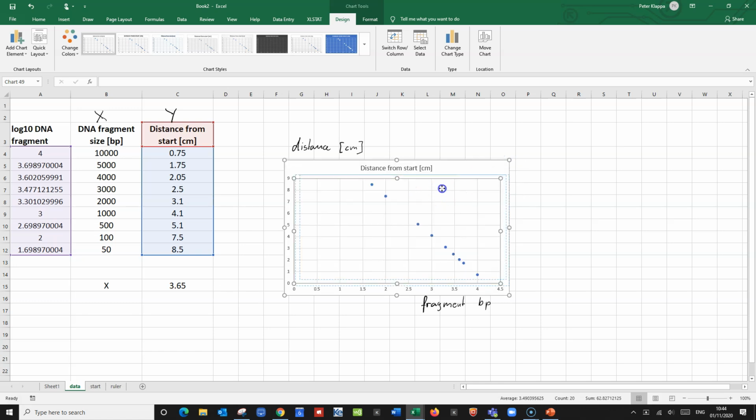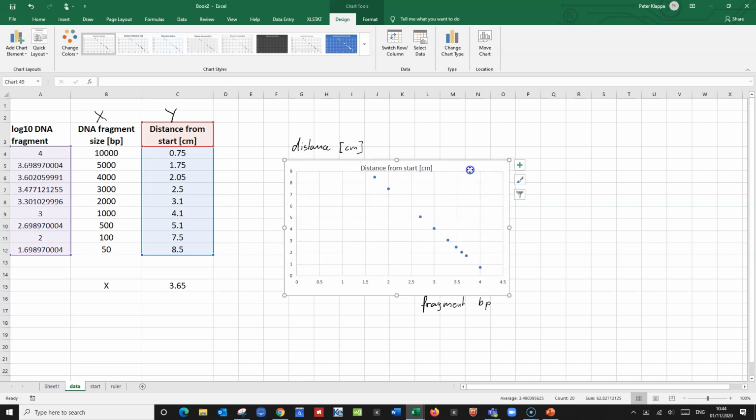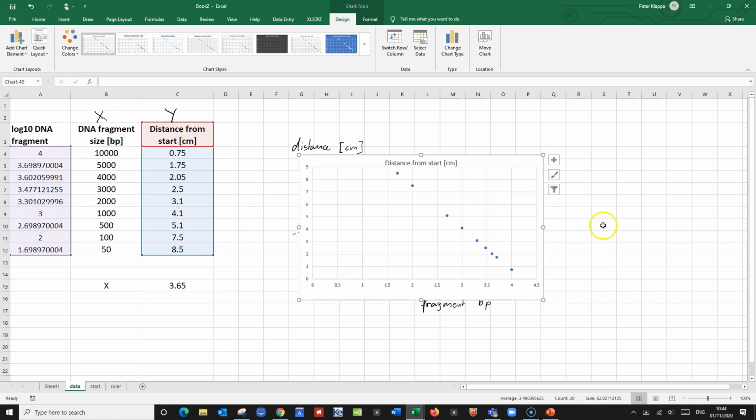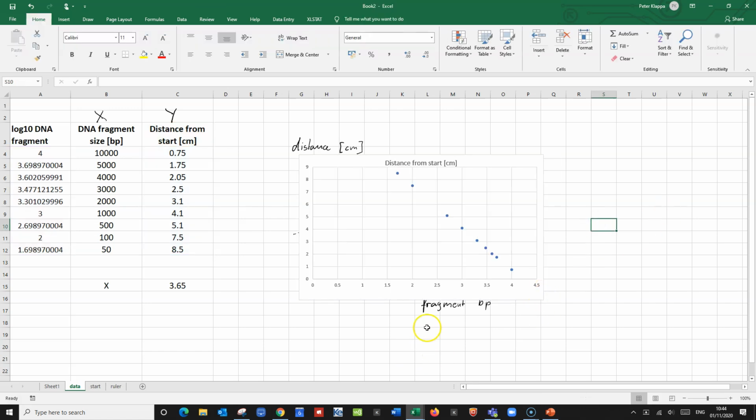Make that a little bit larger and move that around. And again, I've got on my y-axis the distance traveled, but on the x-axis now I have the log to the base of 10 of the fragments.